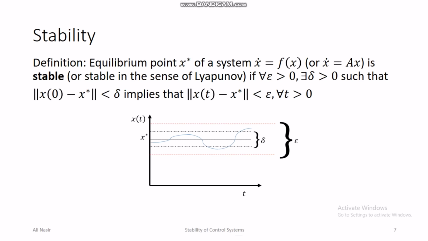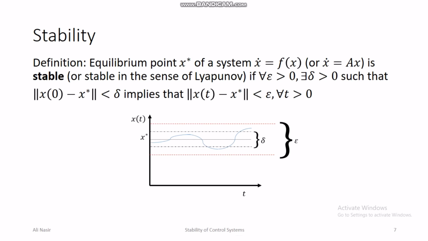If you understand it for the single state variable, you can understand it for all multiple state variables as well. So if x of t is a scalar and you plot it as a function of time, then this definition of stability has a few components. First component is x star.